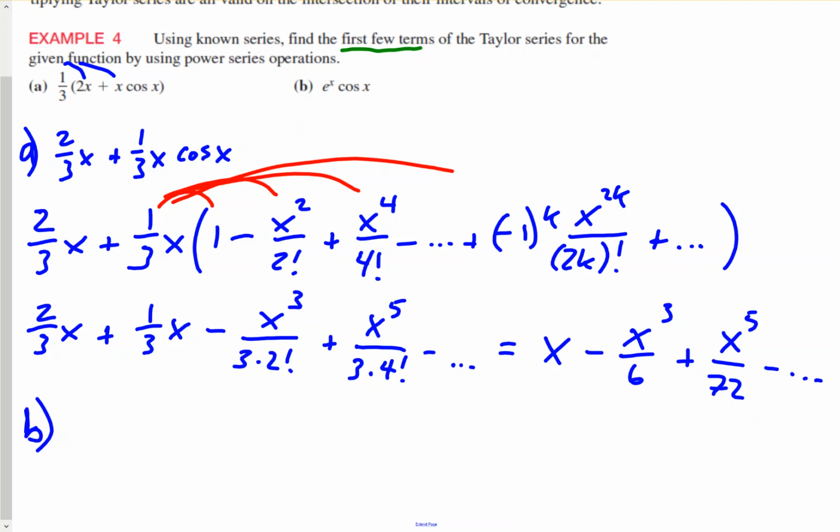Alright, in B we have e to the x times cosine x. So e to the x, that power series we're going to multiply by the power series for cosine x. Okay, so e to the x, let's remember what that was. E to the x cosine x.